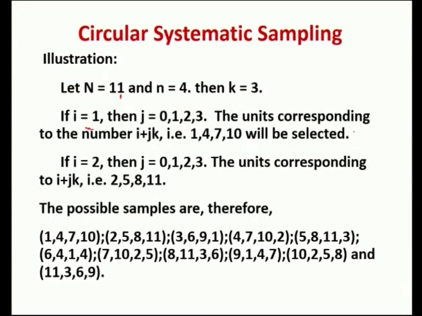The units corresponding to the number i plus jk, that is 1, 4, 7, 10, will be selected. If i is equal to 2, again j ranges from 0 to 3. Substituting for j each of the values 0, 1, 2, 3, we get 2, 5, 8, 11, and we get the other samples as given.